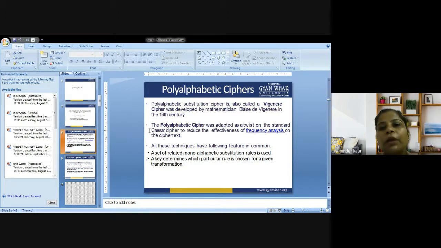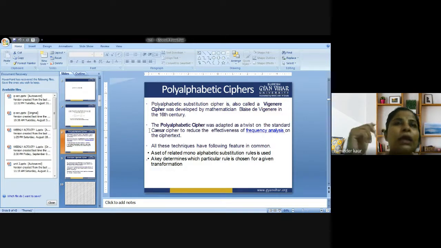If I am talking about the polyalphabetic cipher, then certain rules will be there that I am supposed to follow for the algorithm. A key determines which particular rule is chosen for a given transformation, because it depends on the key I choose. There could be 3 rules, there could be 4 rules.